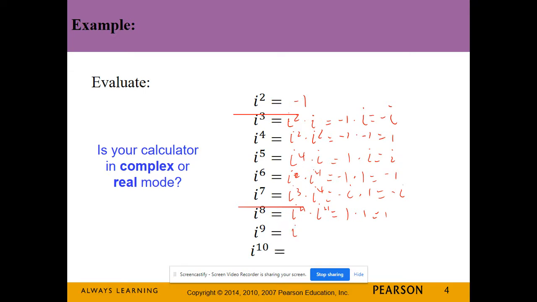You can break it down the same way we have, but that's the pattern. i to the 10th is going to be then -1. That pattern will just keep going and going. So i raised to any exponent is going to be one of four things: i, -1, -i, or +1. It's got to be one of those four, and it's just going to cycle through.